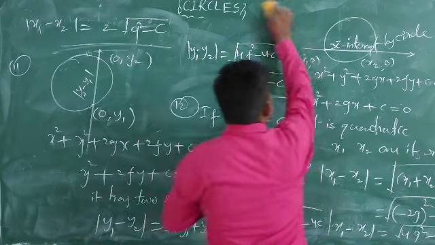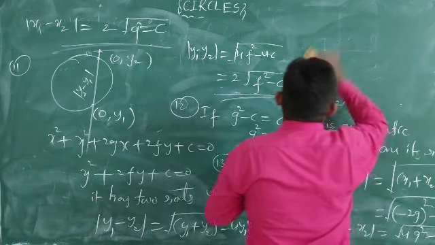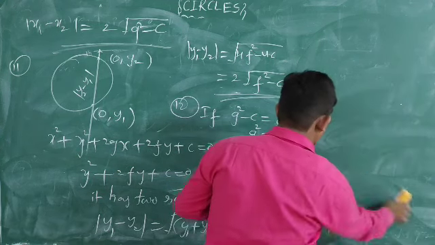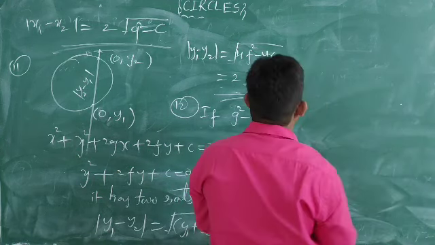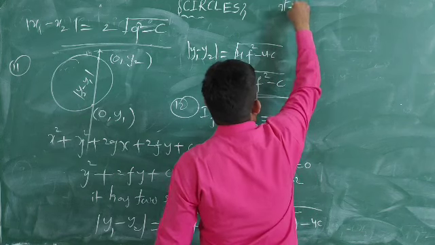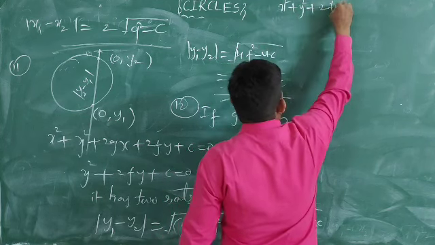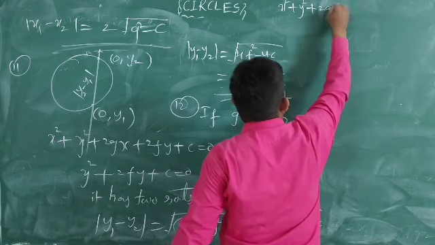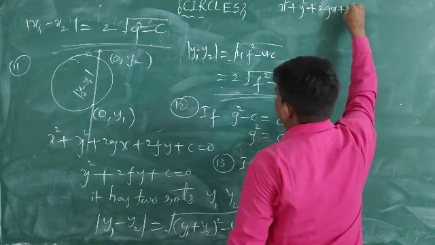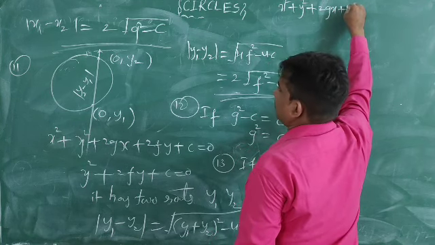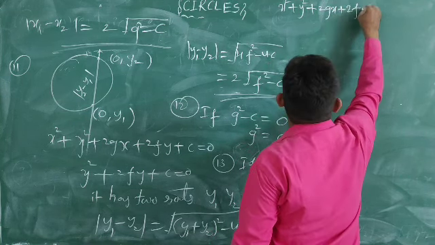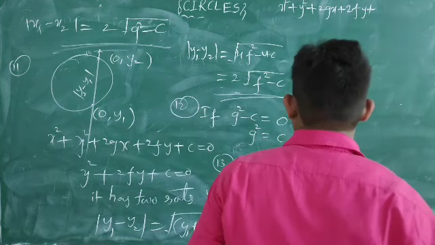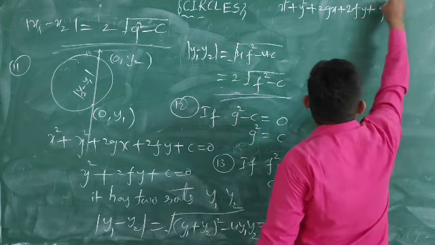Then the equation is reduced to x square plus y square plus 2gx plus 2fy plus c, with c equal to g square, equal to 0.